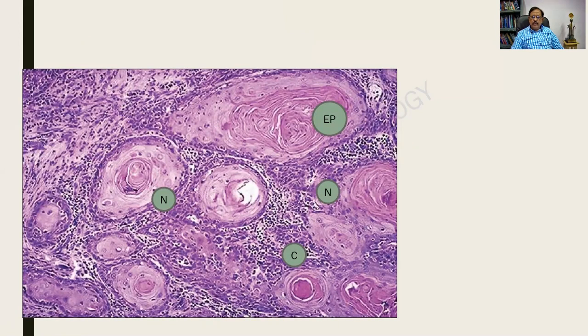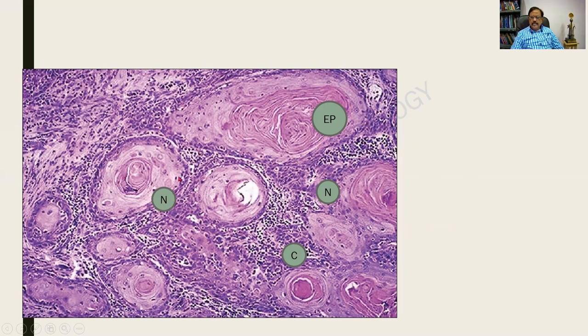Let us look at the microscopic pictures. So, this is a microscopic picture of a squamous cell carcinoma. The moment you see it, you can make a diagnosis. These are all nests of epithelial cells. Look at this one, nest.